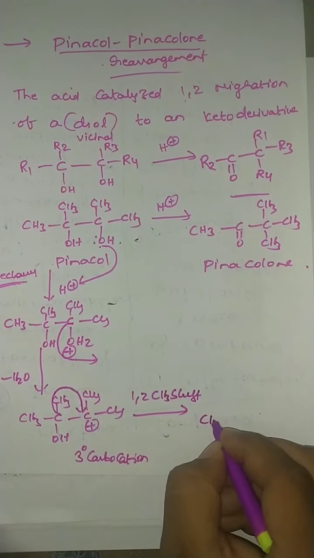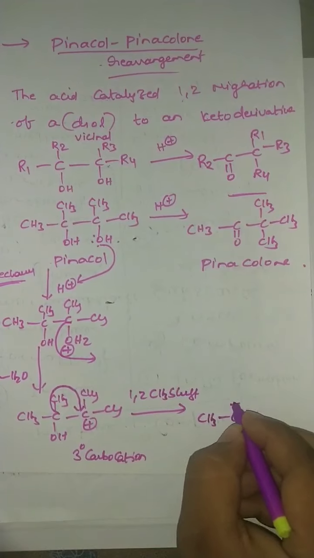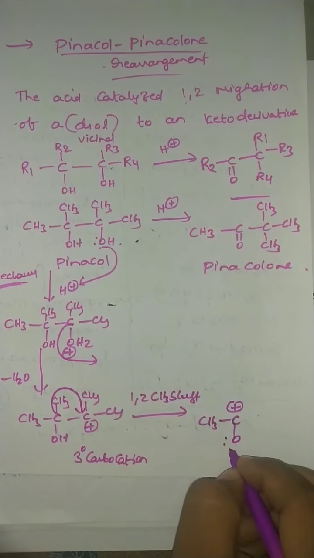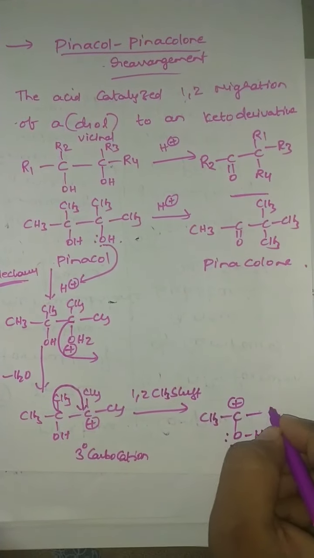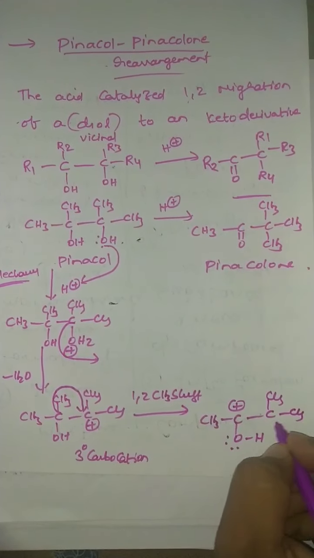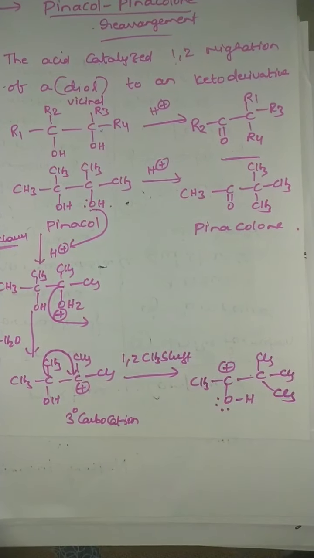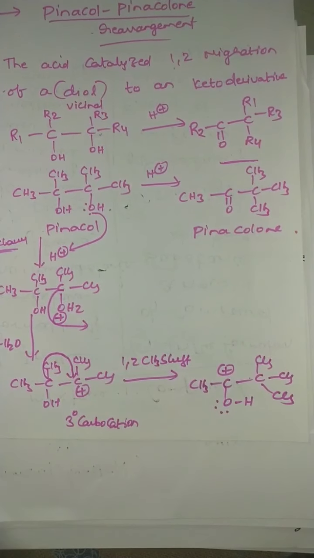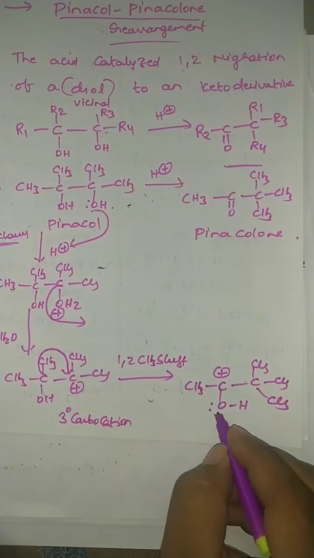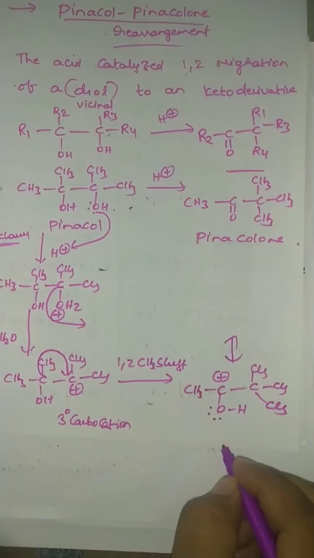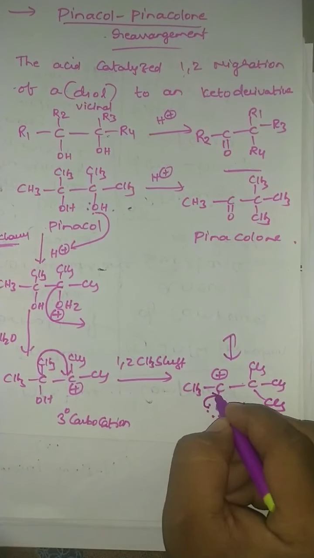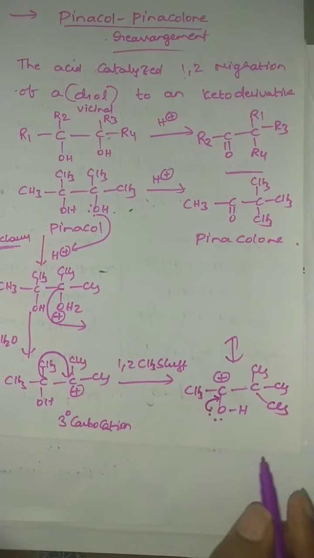So I am checking CH3 C plus OH, CH3. So like this you got. Is there any other carbocation more stable than this? Yes, because this is more stable. Now the lone pair on oxygen will be in resonance with the positive charge.